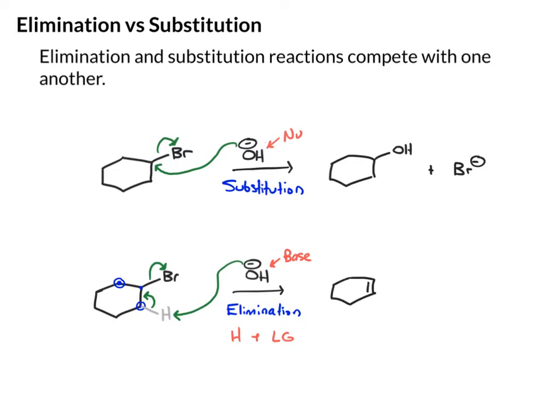So we form an alkene, plus we get water, plus the bromide. So in an elimination, you're not adding anything new to the molecule, you're actually losing two things, the H and the Br, and that leaves you with a double bond in the product.